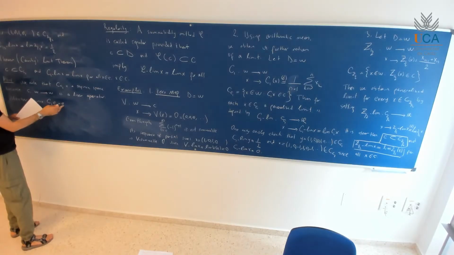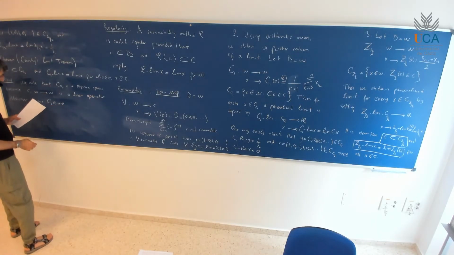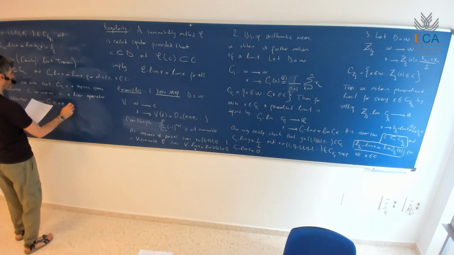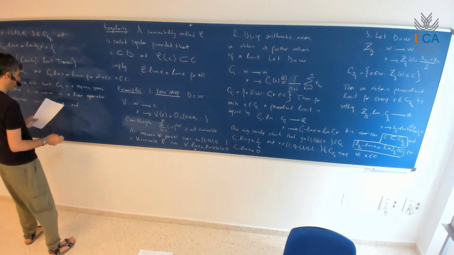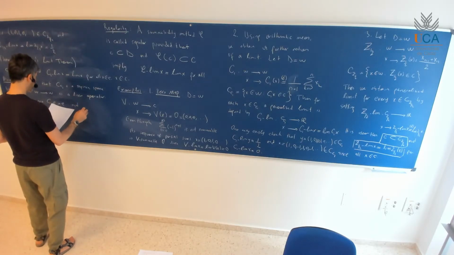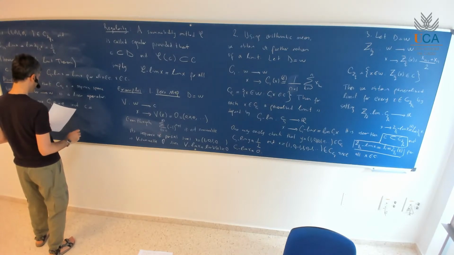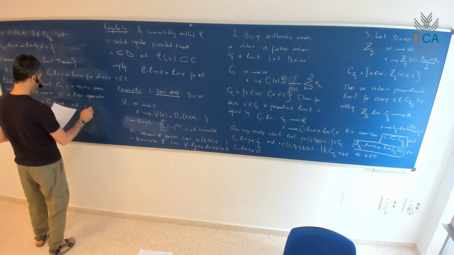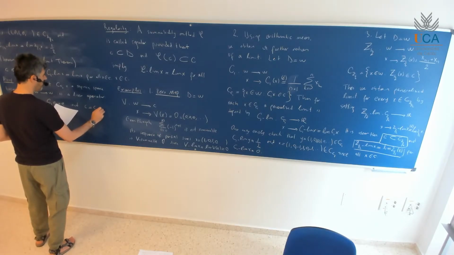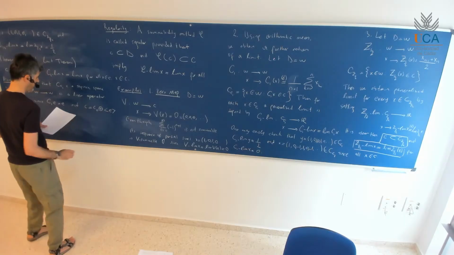We talked about it yesterday, and we also said that c, the space of all convergent sequences, is the direct sum of c naught and the span of e.